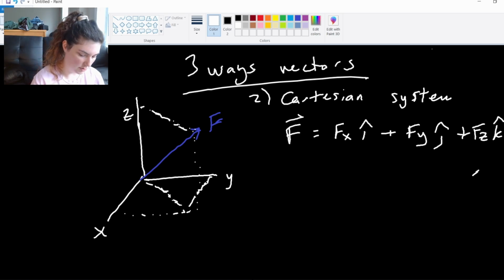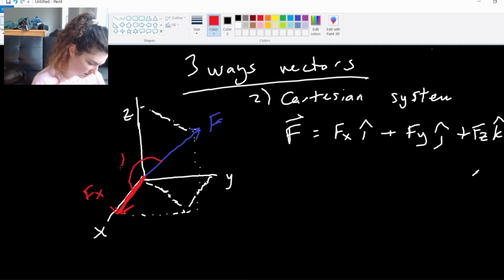So looking at this side graph here, our F of x is going to be the x component of this line. So this is the x component. This is F of x. The angle here is alpha. Your y component is along the y-axis.